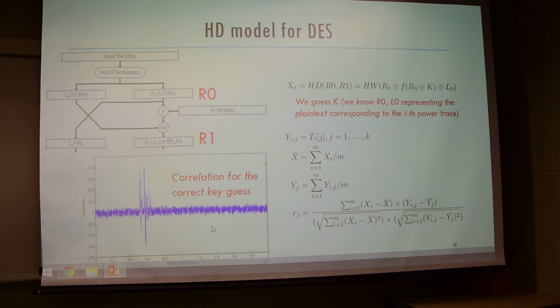And if we have a correct key guess, we will have a high spike. Otherwise, we will not have this high spike. By this way, it tells us the correct subkey for this DES, and then we can repeat this process 8 times to get the 48-bit key.